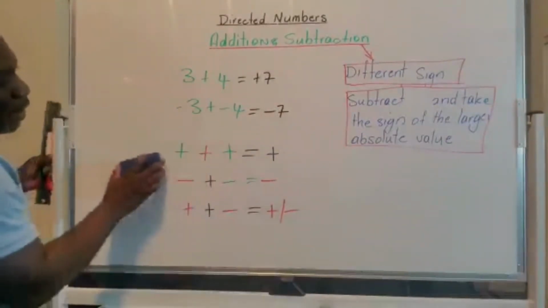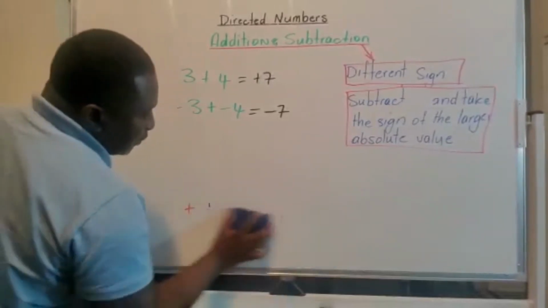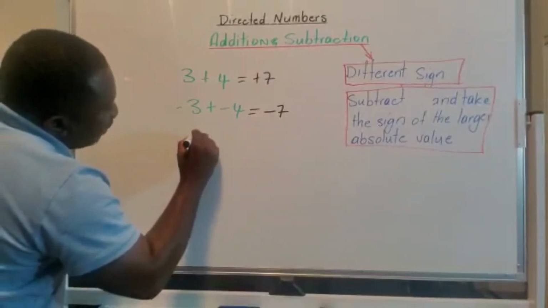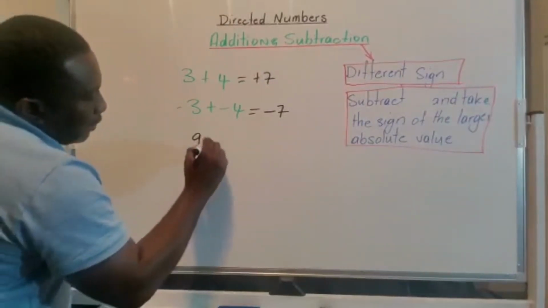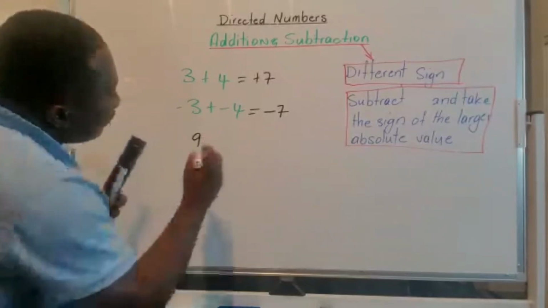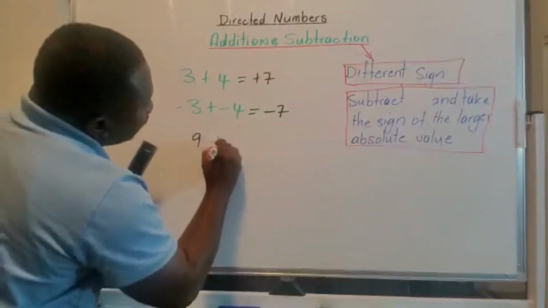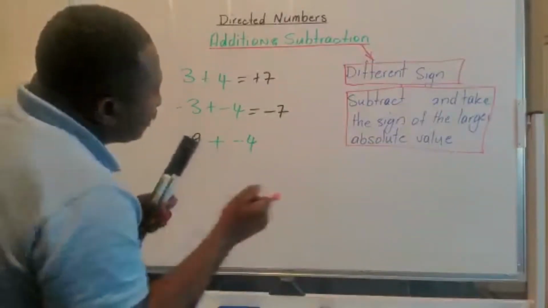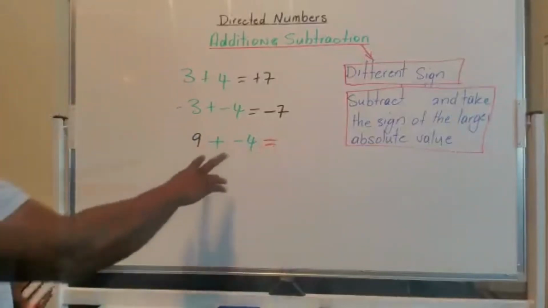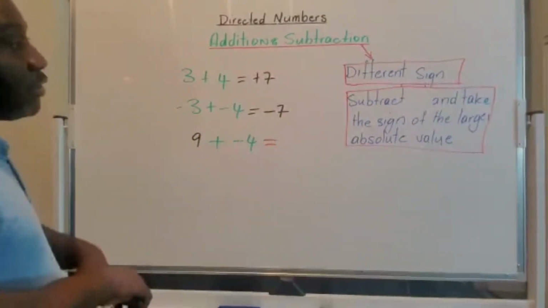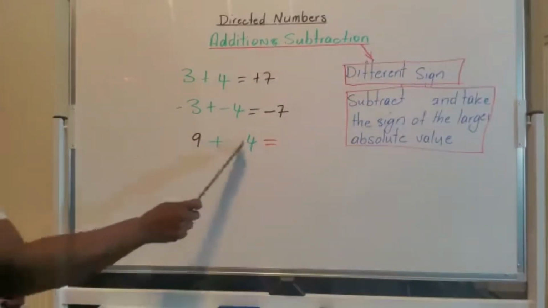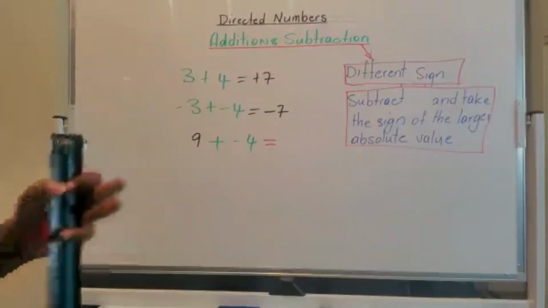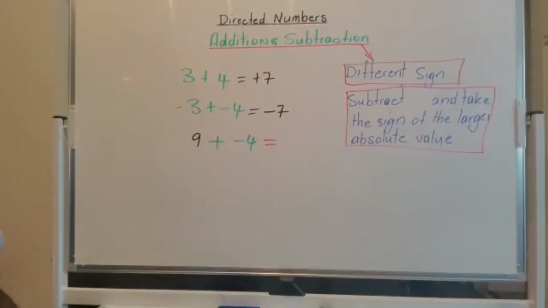So I'm just working on both equations. Unlike signs: a positive 9 is added to negative 4. Let us see what the operation says. So we are subtracting two unlike signs. In other words, different signs. The signs are different, negative and positive. The result, guys, as we say, will depend on the absolute larger value.